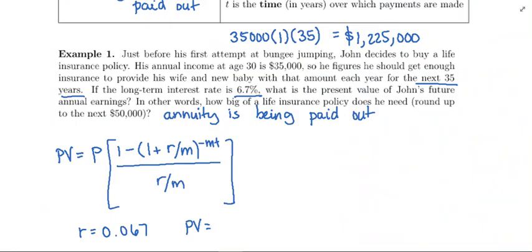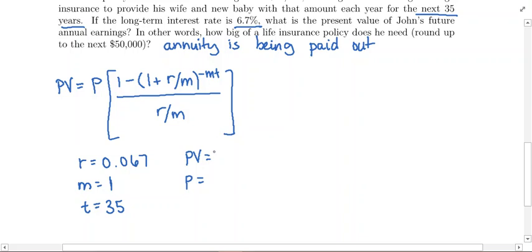So here that would be the wife and the child. In this question, we are looking for the present value. How much life insurance does he need? Meaning, what is the lump sum that has to be invested into this life insurance account in order to pay out the wife and child accordingly? And then each payment to the wife and child is $35,000.